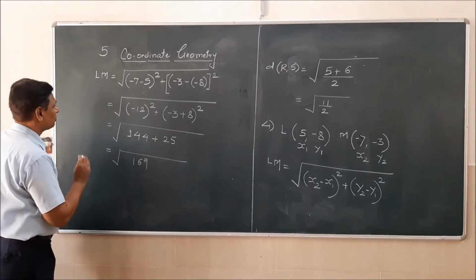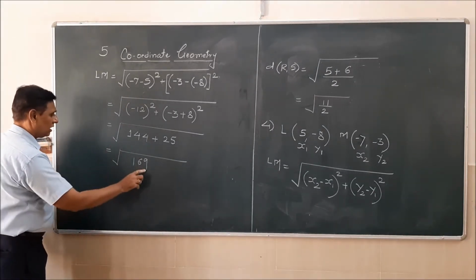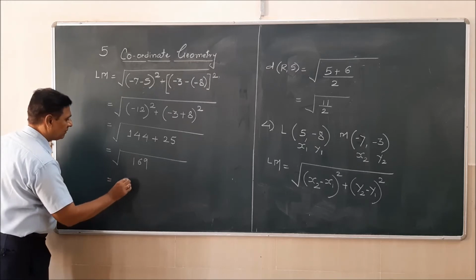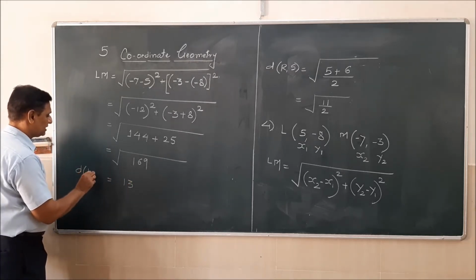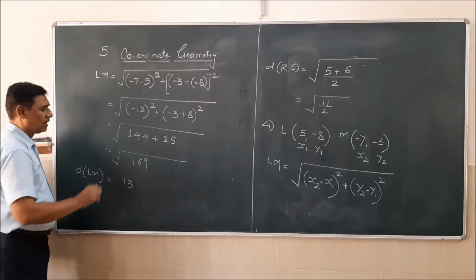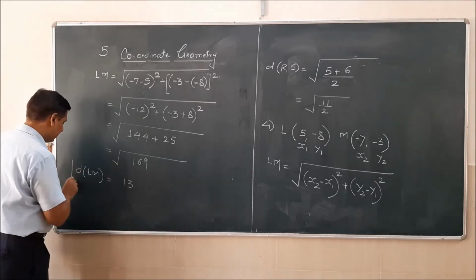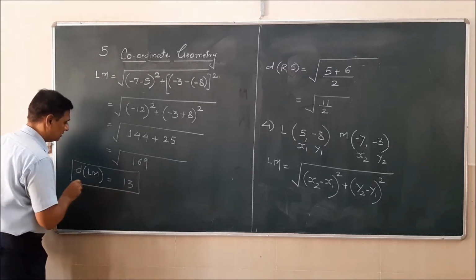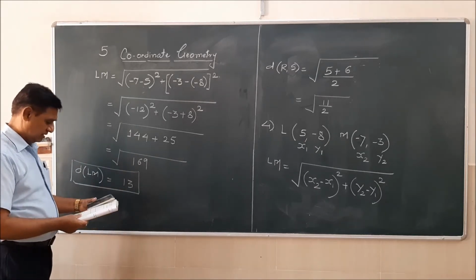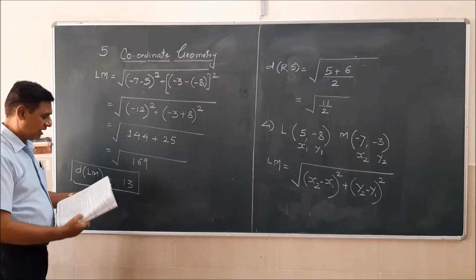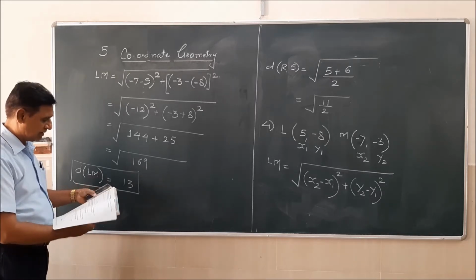So if I take the square root of 169, I will get it as 13. So I write it as distance Lm is equal to 13. So this is how we can find the distances in a very simple manner.